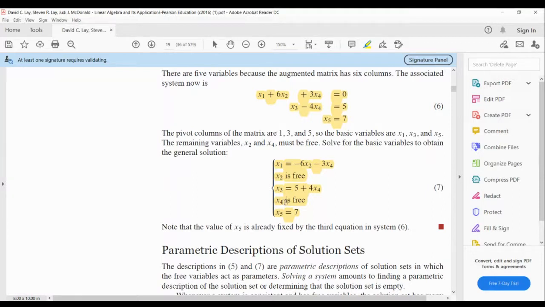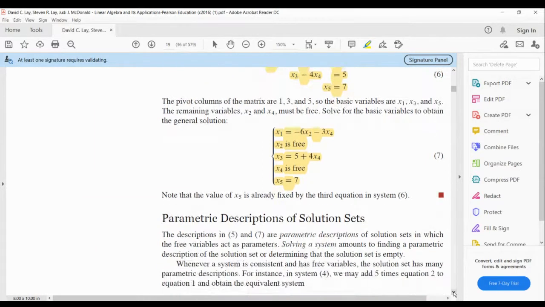We also know that the number of solutions in this case was infinite, because x2 and x4 can be any value you want. So you're going to have an infinite number of points with 5 coordinates. But of course, the 5th coordinate always equals 7, right? The 5th coordinate is locked in at 7.